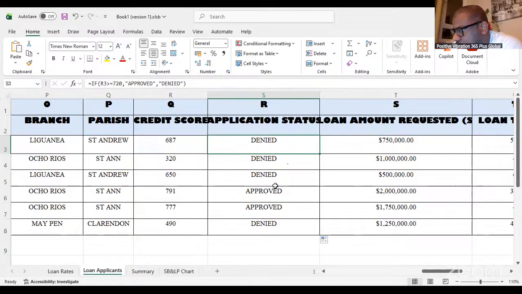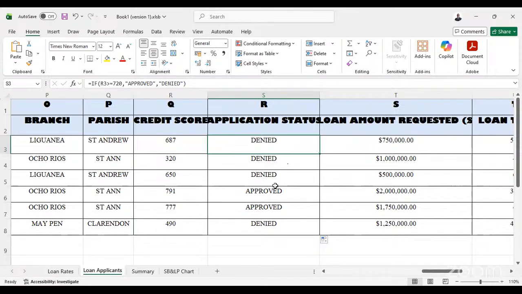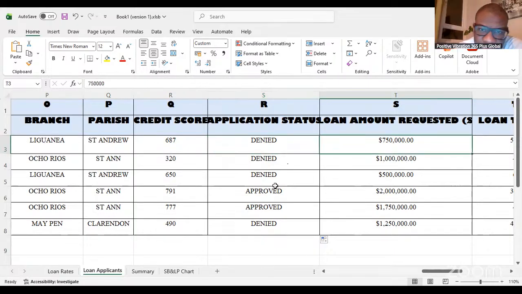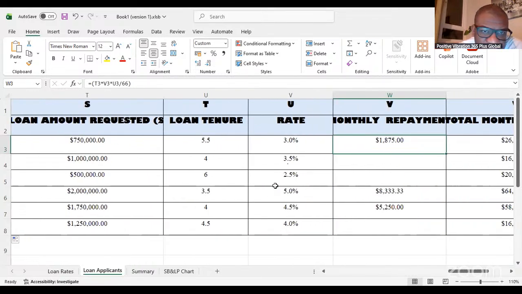Now, the next thing is the amount that is requested. They say the amount requested, which is in the loan rate table you're going to look at. You should only type in one of the 6 amounts. We're looking at the loan amount. Where is your loan amount here? Is it loan request?